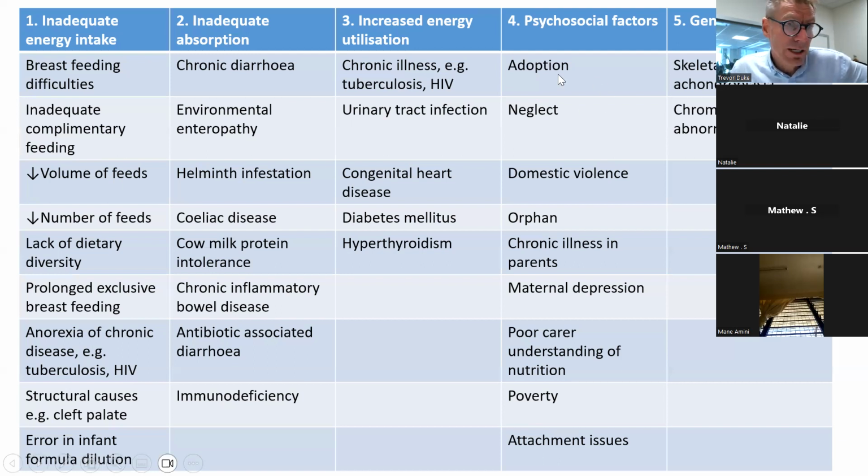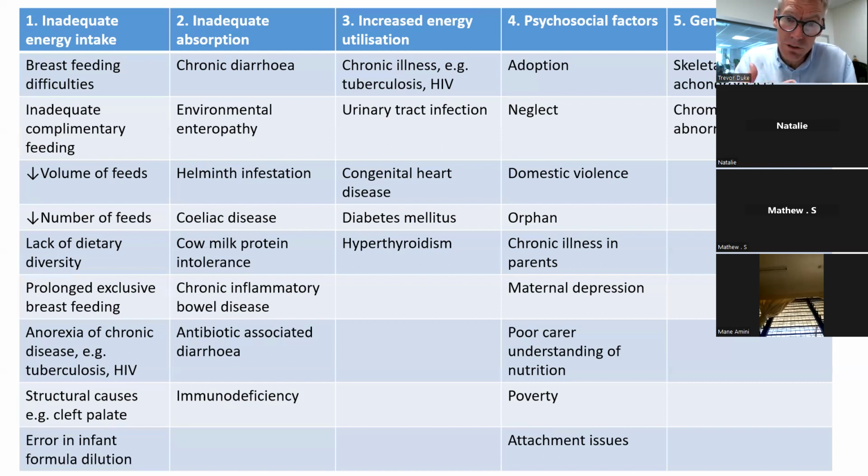And then overlying all of that in many children who are failing to thrive will be some sort of psychosocial problem within the family. And we all know that children who are adopted are a bit more likely to have failure to thrive. But there are many children that have this combination of being adopted or neglected, or coming from families where there's dysfunction or domestic violence, or they may be an orphan, or the parents might be ill, or the mother might be depressed.